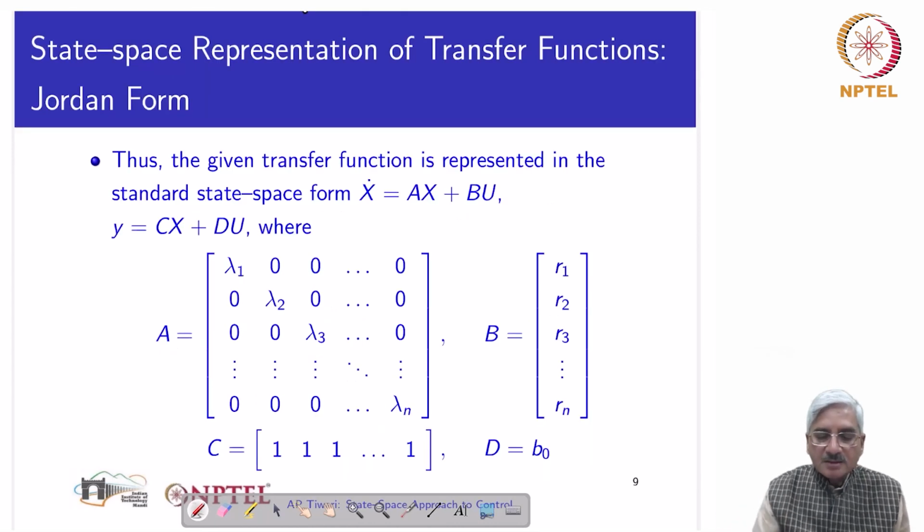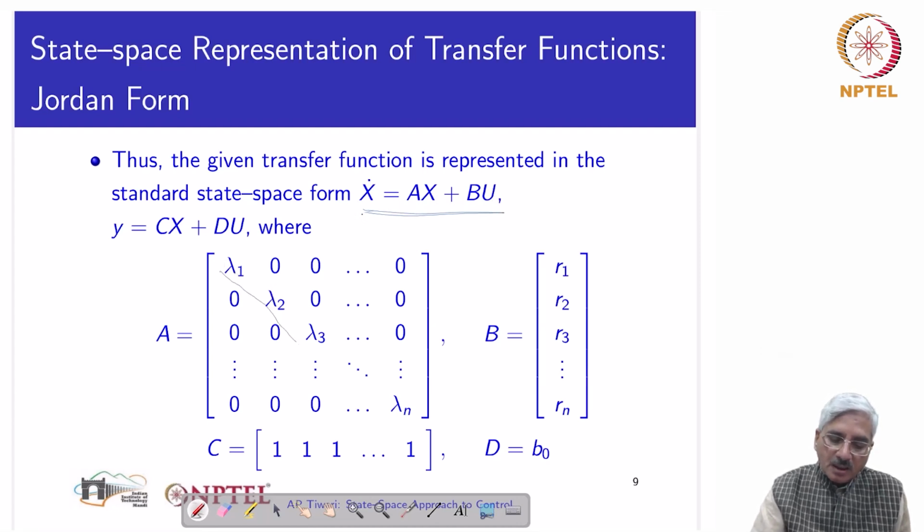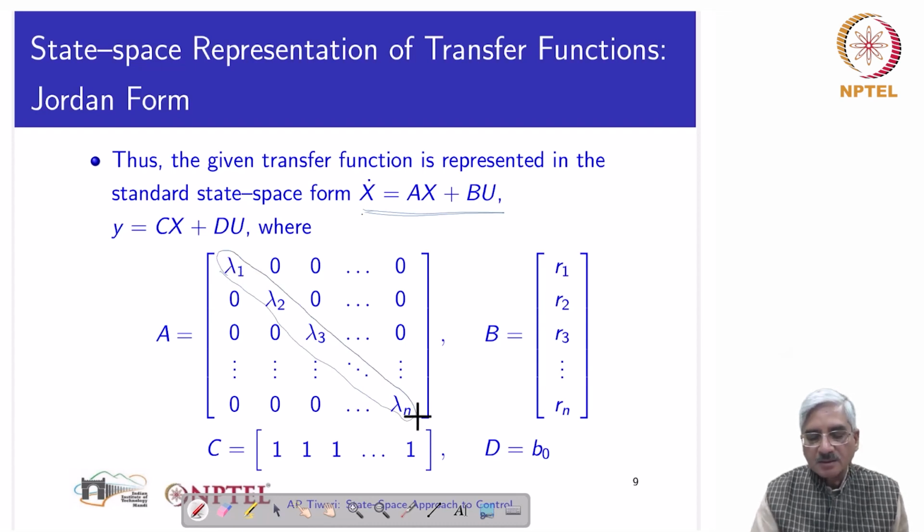So the system gets represented in nth order state space representation. However, these lambdas appear along the diagonal like this: lambda 1, lambda 2, lambda 3, etc. up to lambda n, and r1 u, r2 u, r3 u, etc. rn u are the respective inputs going to the subsystems.